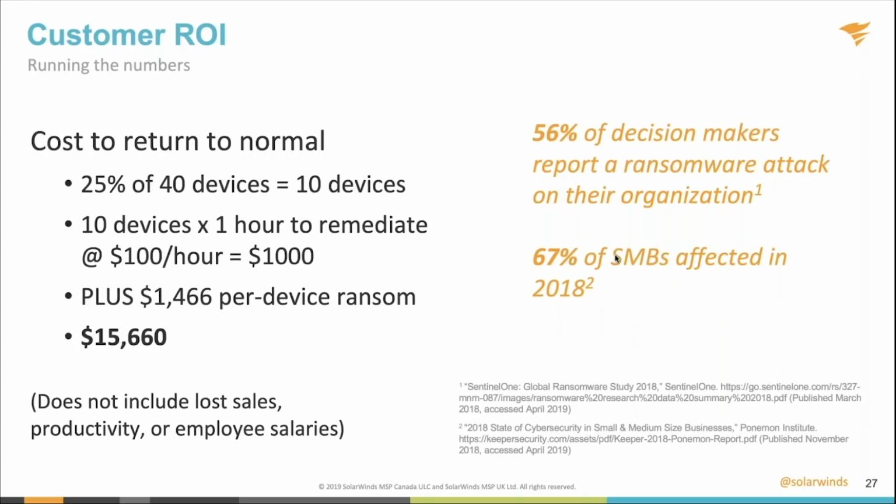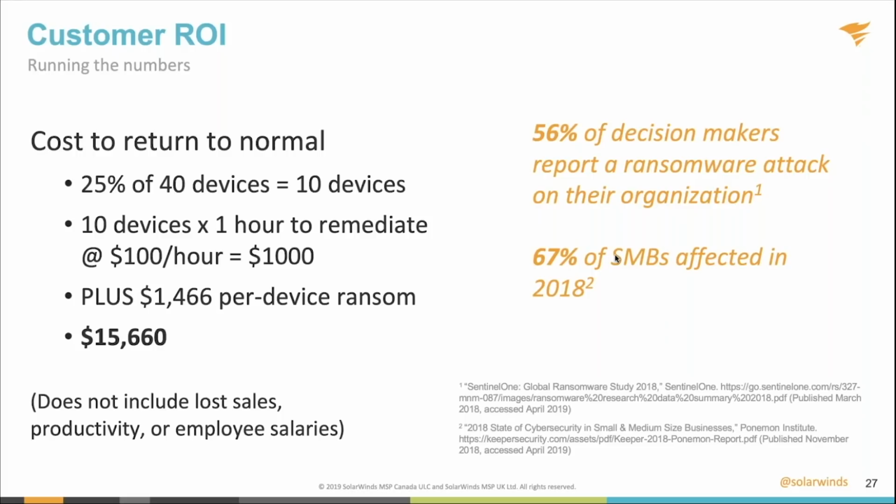Okay, so let's talk about the numbers a little bit. Let's go over the stats first. 56%, a little more than half of the decision makers within a small to medium-sized business, report that a ransomware attack affected their organization. So that means half of your customers on average have reported some type of consequence with a ransomware attack.